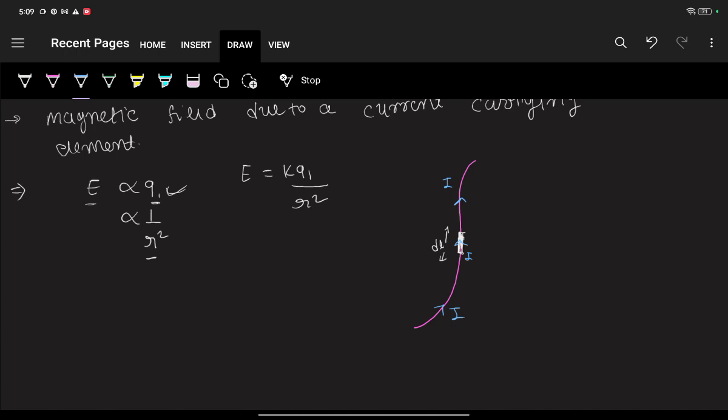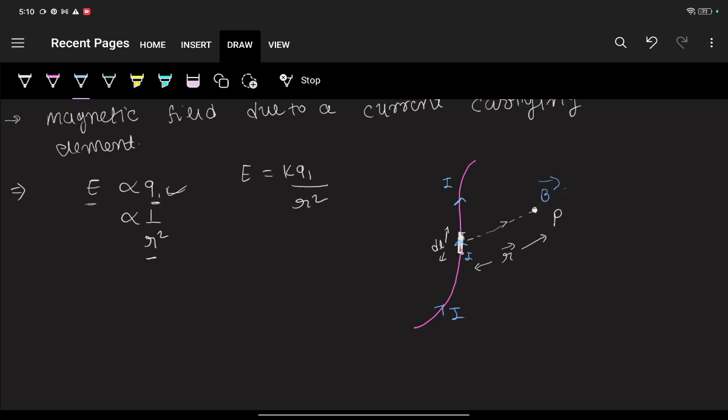If we want to find the magnetic field at this point P from this element, because a current carrying conductor can produce a magnetic field, at distance r, let's take a point P and find the magnetic field at this point.